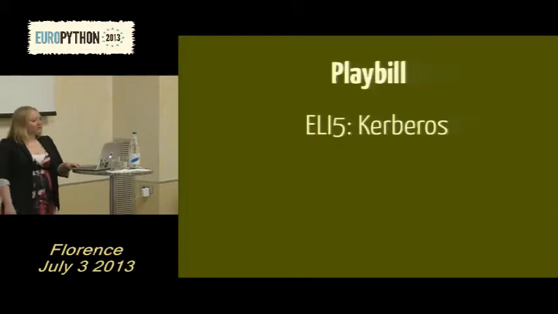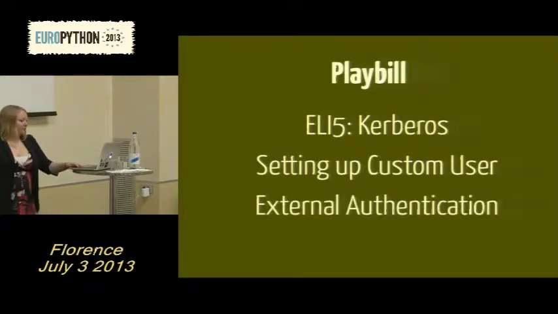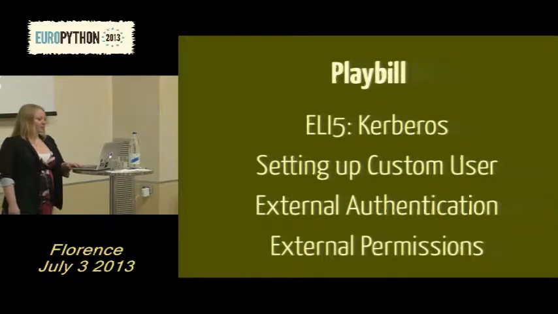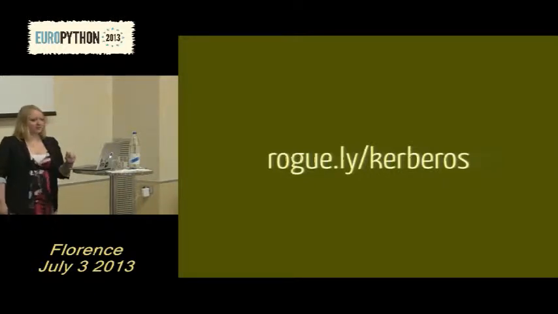What I'm going to talk about is an explain-like-I'm-5 version of Kerberos, then setting up a custom user within Django, and then how to hook that up into external authentication as well as external permissions and authorization. All these slides and blog posts associated with this are on this website, and I'll show it to you again at the end, so don't worry about anything.